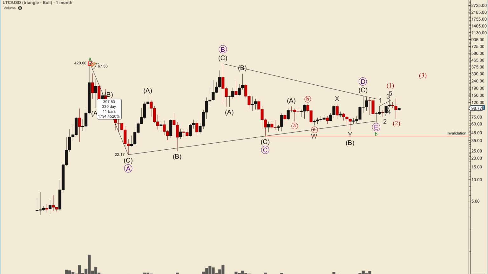So if we take a measurement here, you can see that it's 1794%. And then you take the same from wave E, where possibly wave E is, and pull it up. So that's the minimum target for a triangle.